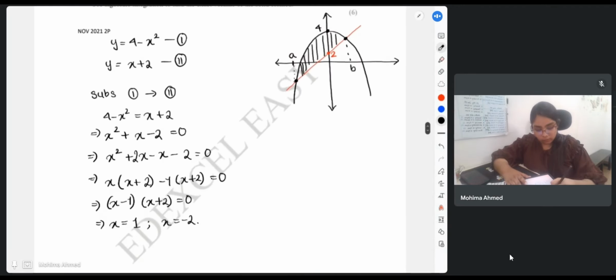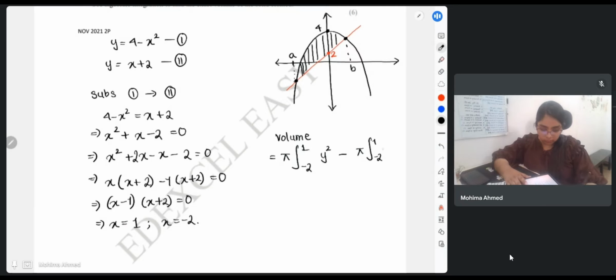Now, in order to find the volume, let's write the equation of volume over here. For volume, you're going to write pi, boundaries 1 and minus 2, and y square. This is the curve equation, and minus of this would be pi, again 1 and minus 2.